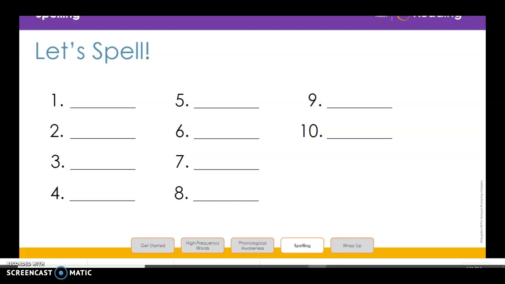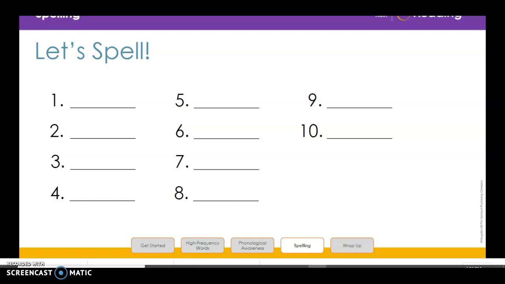Number 7. This. This is a review word. This. Number 8. Whip.